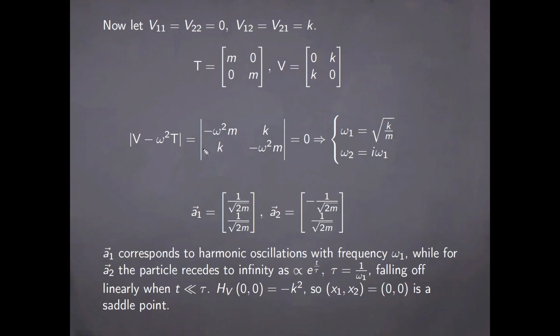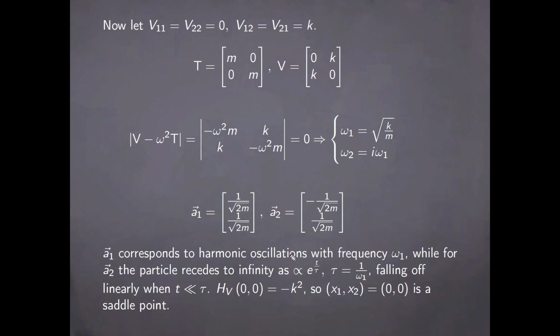And if we solve the secular equation, we obtain one real frequency, which just corresponds to the usual oscillatory motion, but we also obtain a purely imaginary frequency, which is just ω1 multiplied by the imaginary unit.